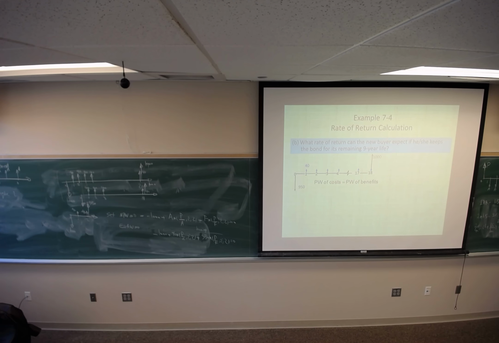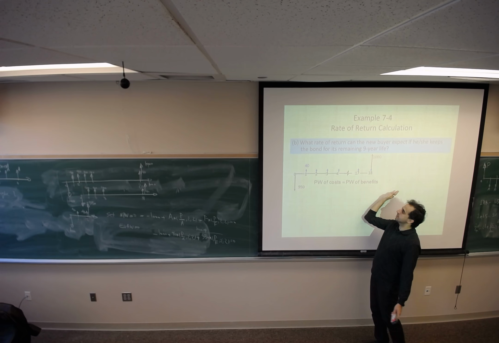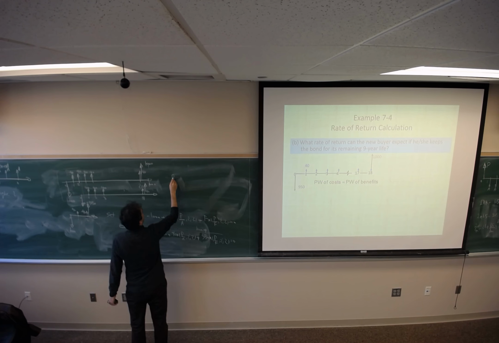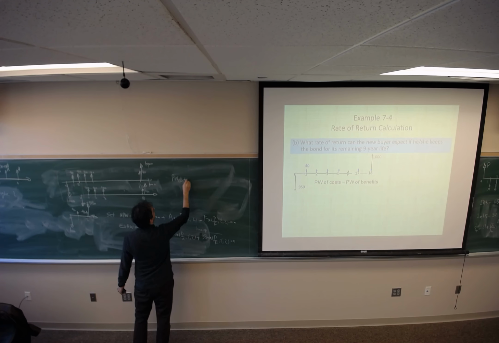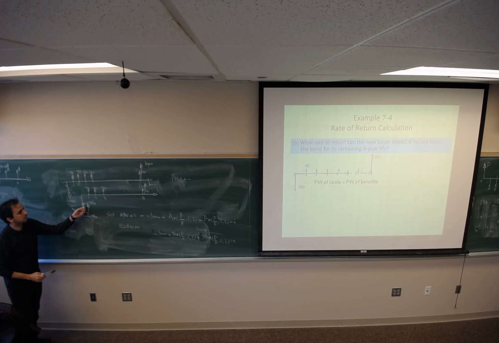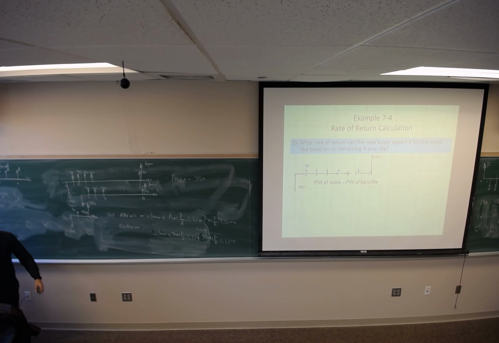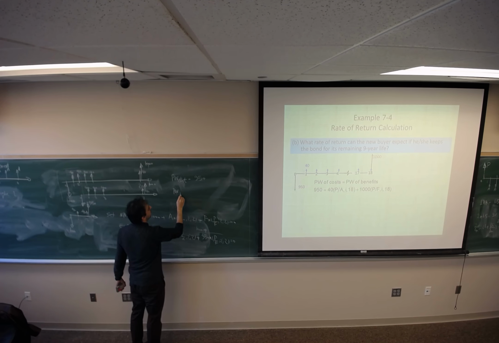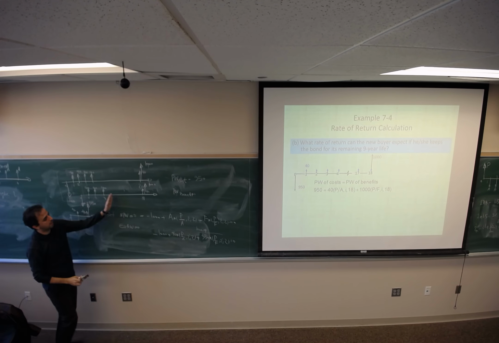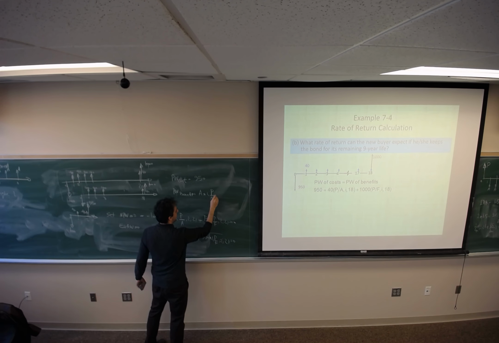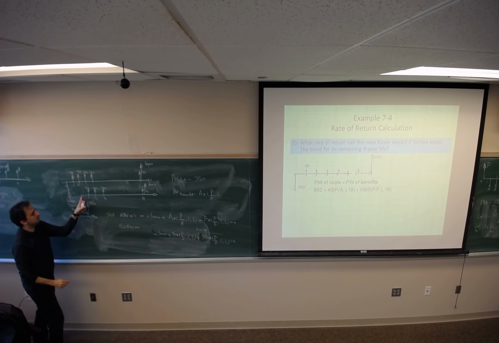If you move the cost to the other side, you set it equal to 0, you will get net present worth equals 0. The present worth of the cost is 950. For the present worth of the benefit, we have a uniform series payment of 40, A times P over A, I, N is 18 periods of time.